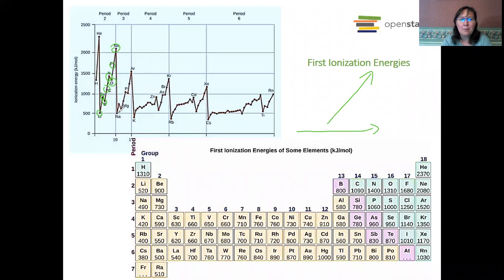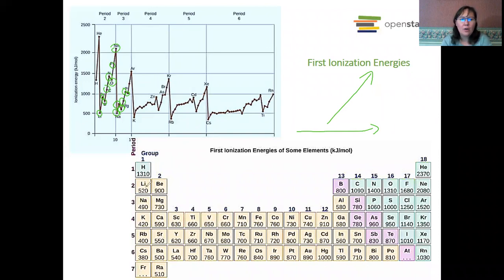Interesting. Now we take a big jump down, and there we have sodium, and then up to magnesium. Look how weird. Down to aluminum, up to silicon, up to phosphorus, down to sulfur. The interesting thing is these jumps are happening in the exact same places.